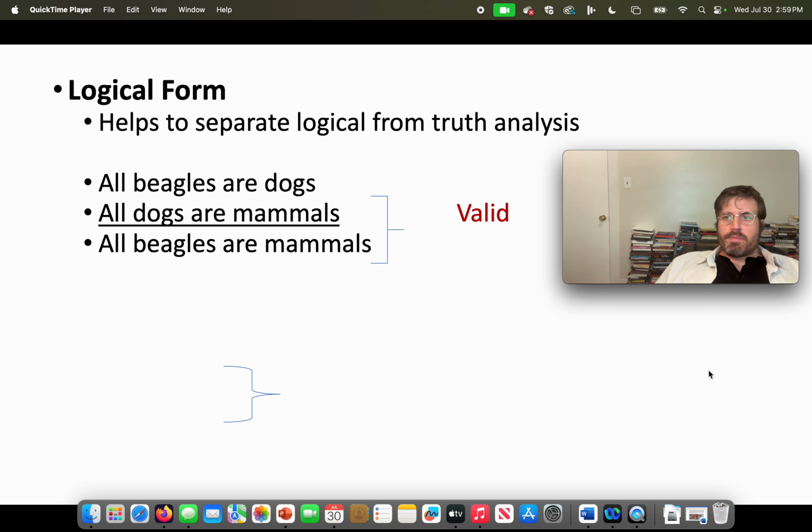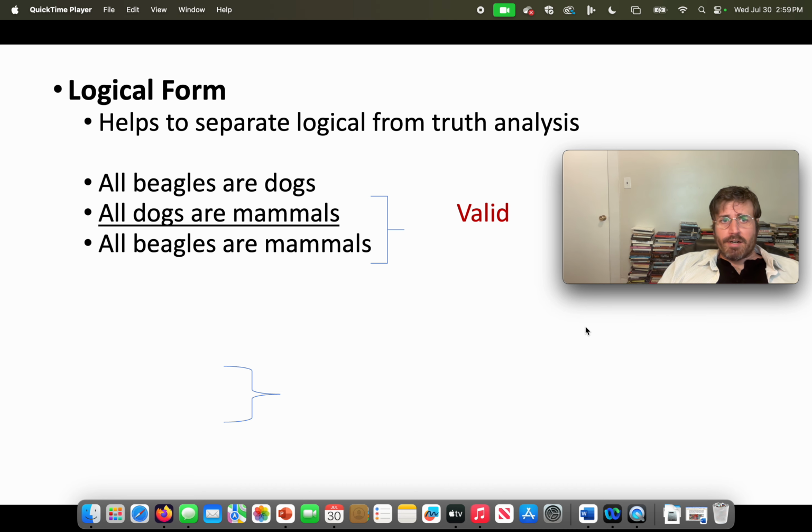The reason for that is because we're trying to get a handle on the structure, the form of the arguments, and we're trying to deal with ideas that won't ask us to think all that much about content and truth value. So logical form is separable from truth value when we take for granted certain premises as true, and then we can just think about the structure.